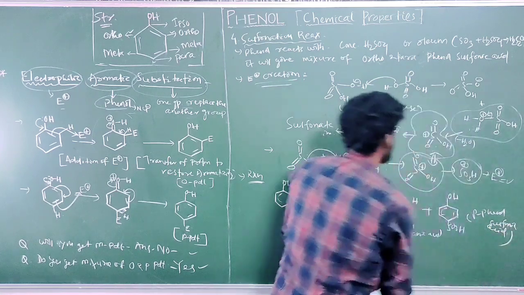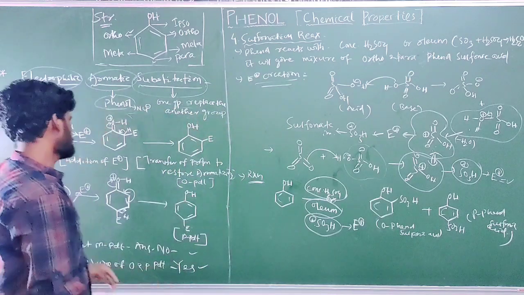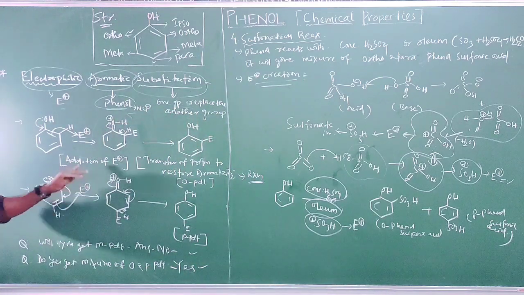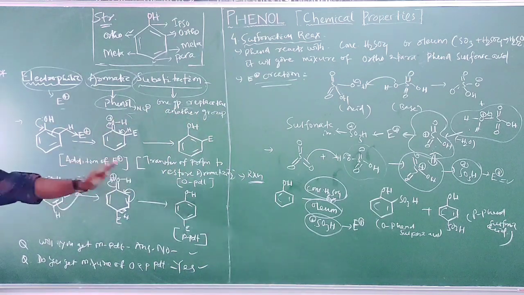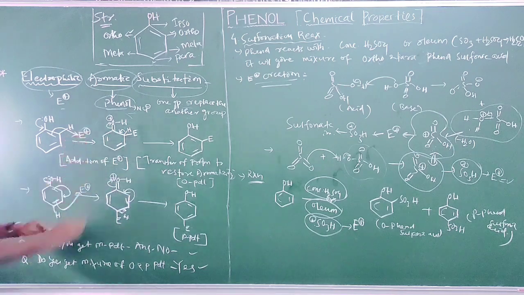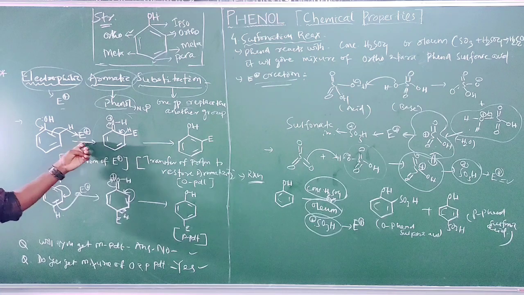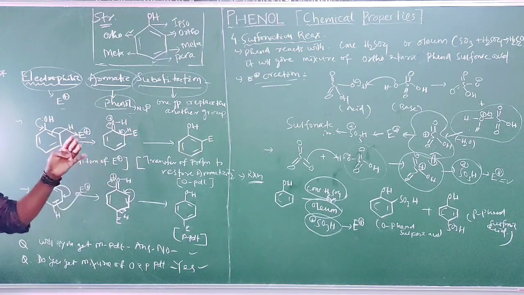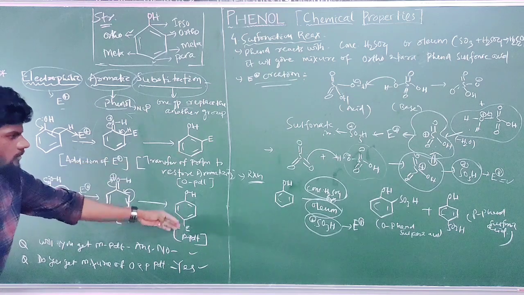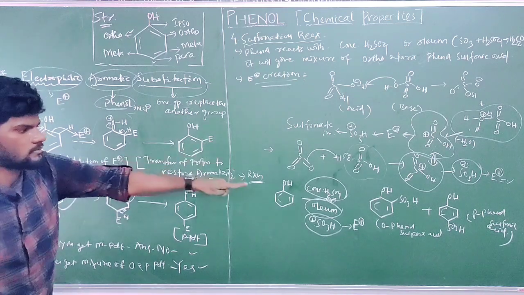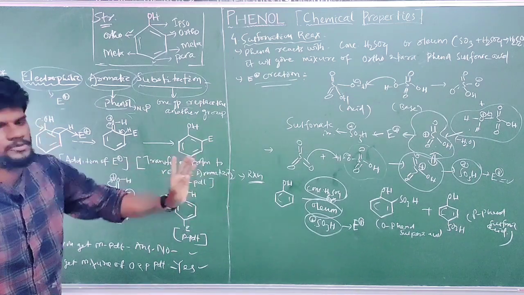Okay, easy. And the mechanism is ditto, same to same. Just replace the electrophile by SO3H plus. In every reaction, just replace the electrophile by that respective electrophile to give ortho and para product. At ortho position SO3H, at para position SO3H.